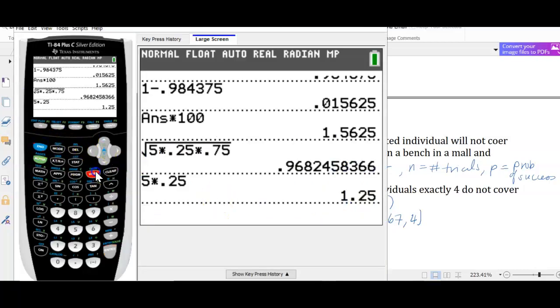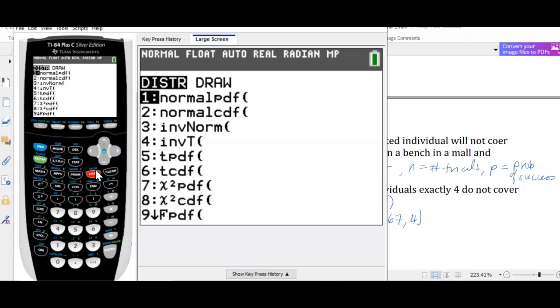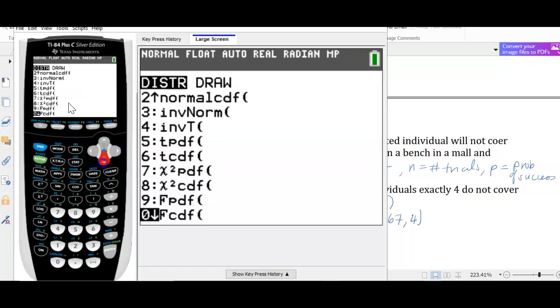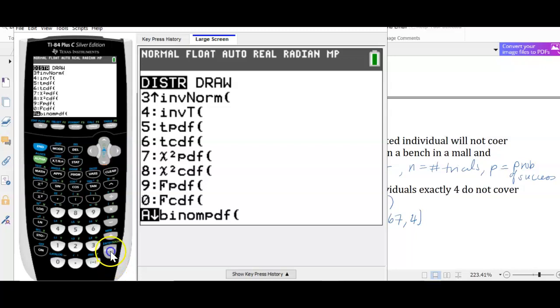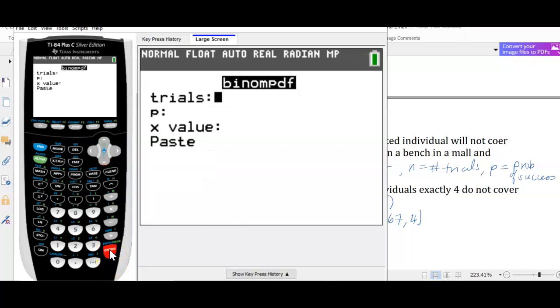So we have second bars. You come down to the binomial PDF. Our number of trials was 10. Probability of success was 0.267, I believe.